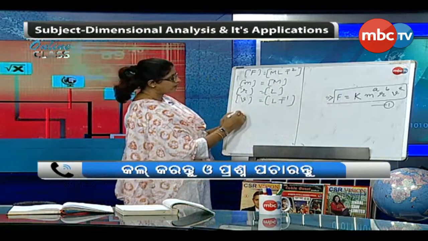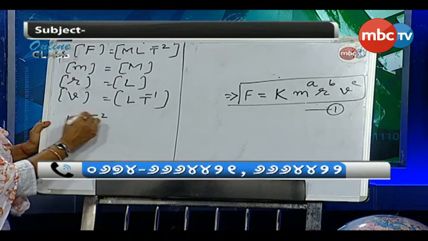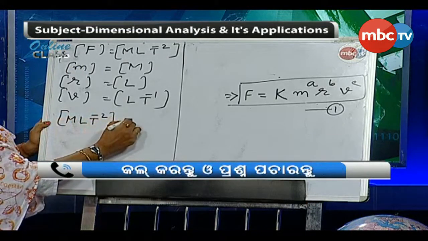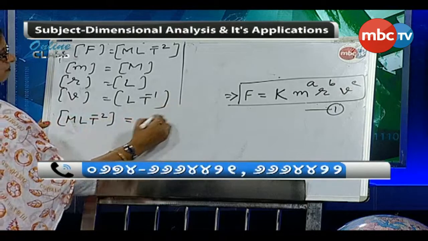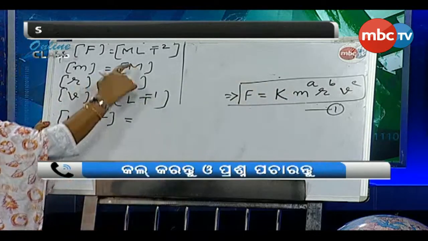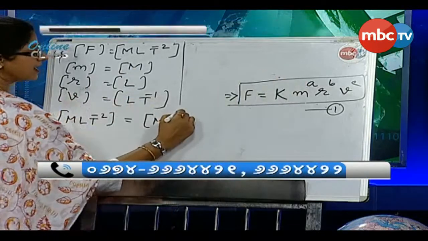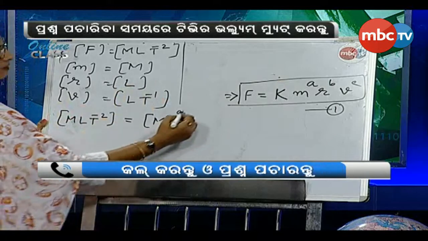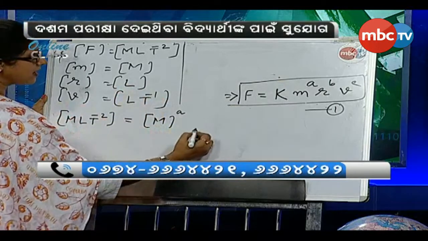So, for F, M L T minus 2 is equal to mass, whose dimension is M, raised to the power a. Listen carefully and watch carefully so that you can understand.